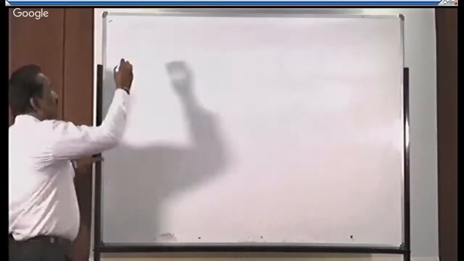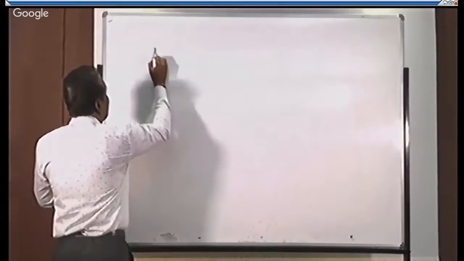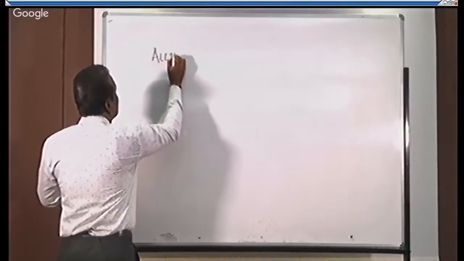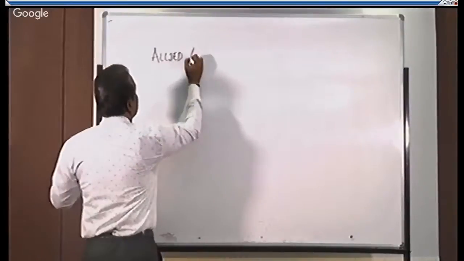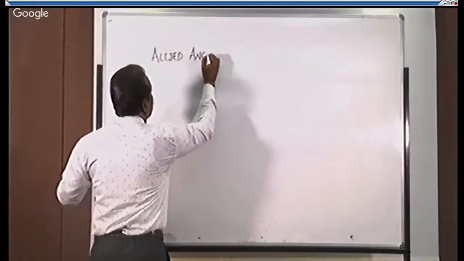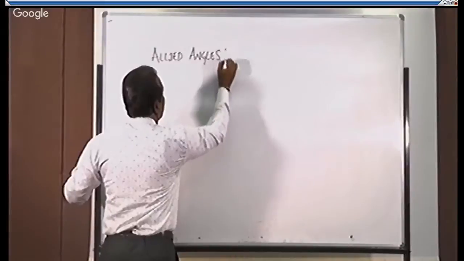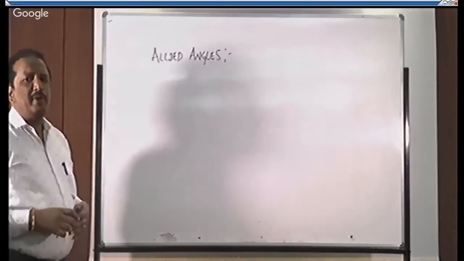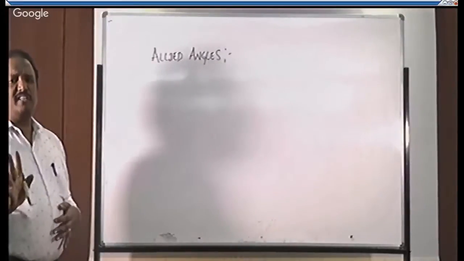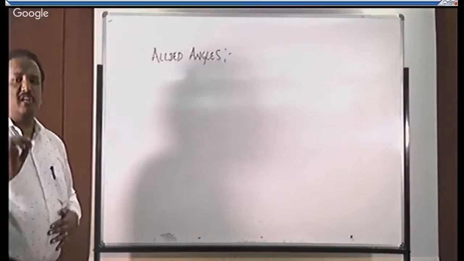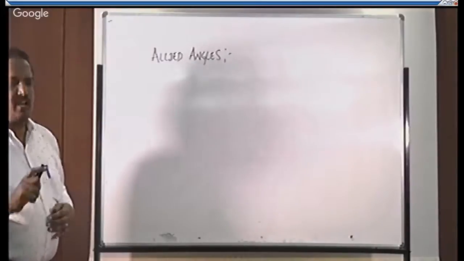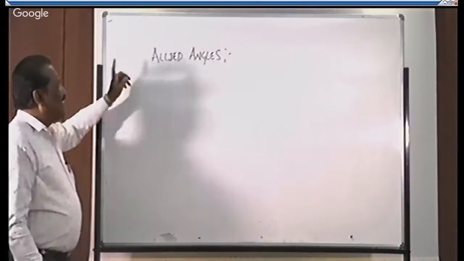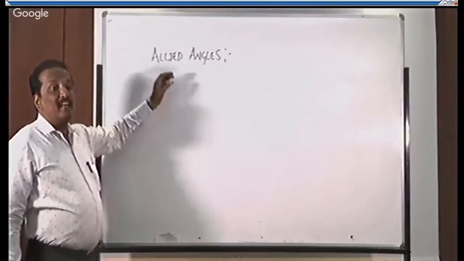Now let us concentrate our interest on the actual concept, that is the allied angles. As I said in the previous discussion, angle, whose abbreviation is theta, is the circular distance between the initial position and the terminal position of a revolving ray. With respect to literature, allied means related.